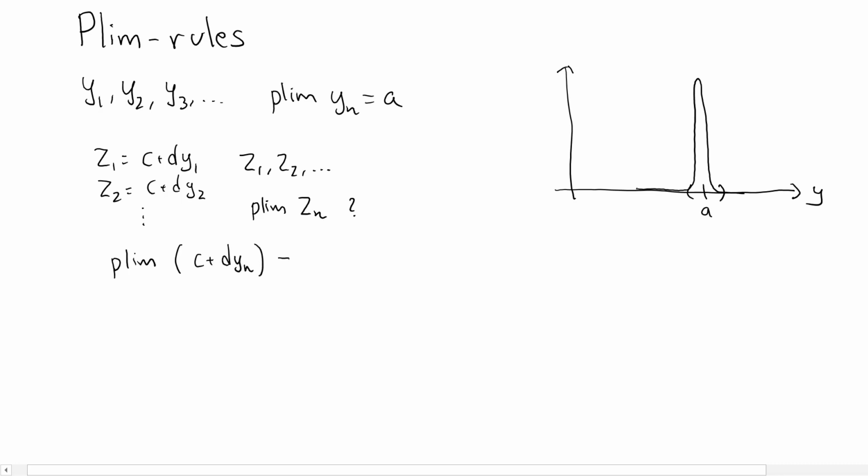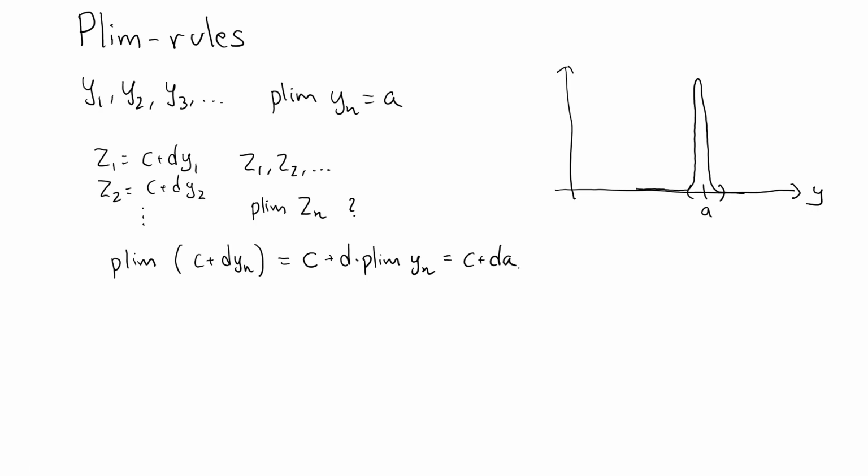The result is that we can move the plim inside linear functions just like we can move expected values inside. The probability limit of a constant must be that constant itself, and then we have d times the probability limit of yn. So the probability limit of zn is simply c plus d times a.